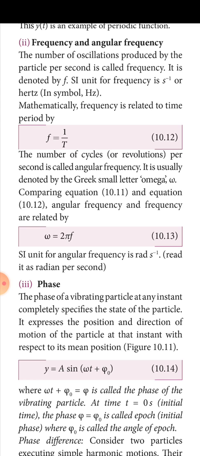It is denoted as f, and the unit of frequency is per second or hertz, in symbol Hz. Mathematically, frequency is related to time period by f equal to 1 by T. So, equation 10.12 is a noticeable equation: f equal to 1 by T.